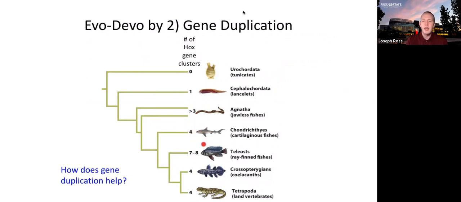And then in ray-finned or bony fishes, they had a whole genome duplication occur so that the number of Hox gene clusters in this specific lineage down here, close to present day, the set of Hox gene clusters duplicated. So we went from 4 to 8, but just in that set of organisms. In most other vertebrates, including us, tetrapods, mammals included, have 4 sets of Hox genes.